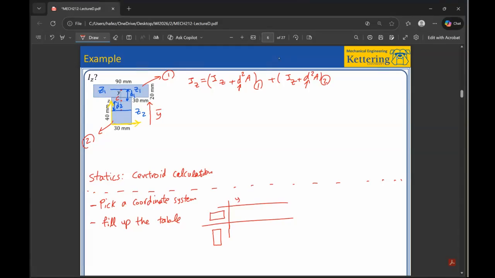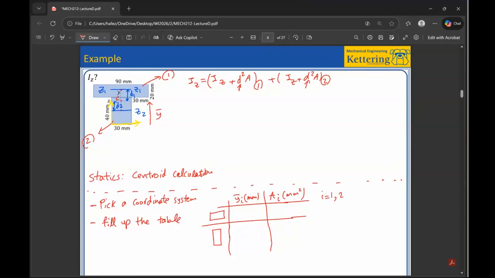You are after y bar, so put y bar i, and then area i, and i takes values 1 and 2. There are two objects. And given everything is in millimeter, put the unit by the parameter. We know that for area it is millimeter squared.